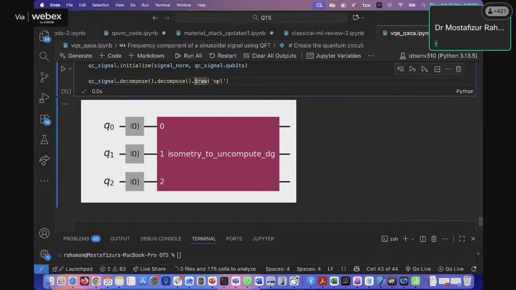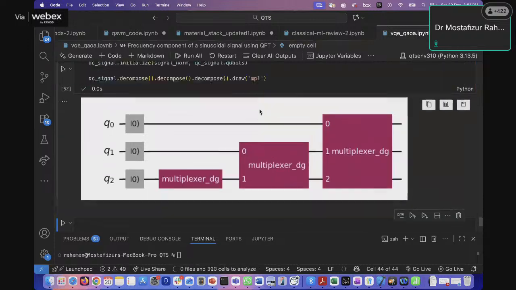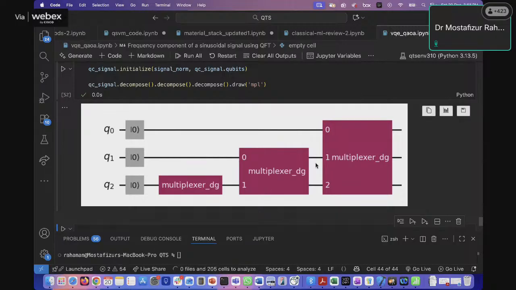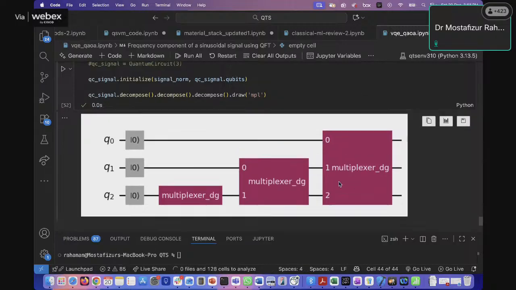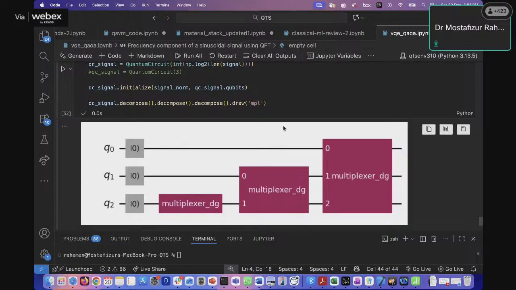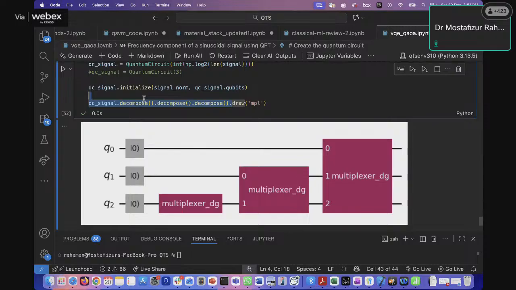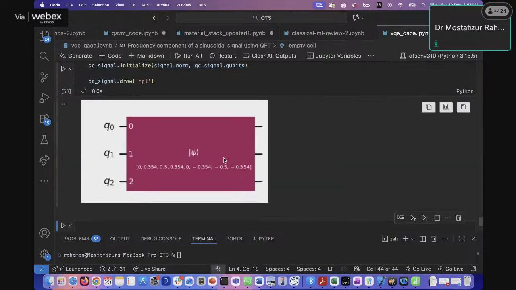I can even decompose it more probably. There are so many multiplexers and many other things in this encoding technique. We are not going deep into that implementation, but we are just looking that we have a quantum state, and the encoded state looks like this, right?